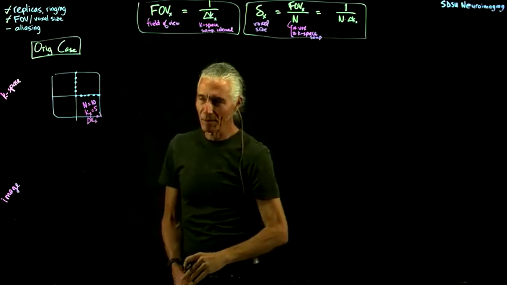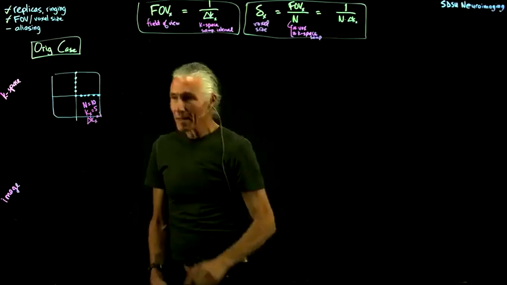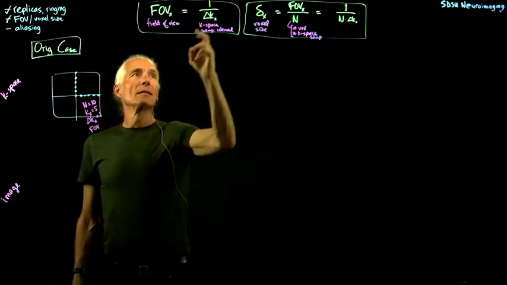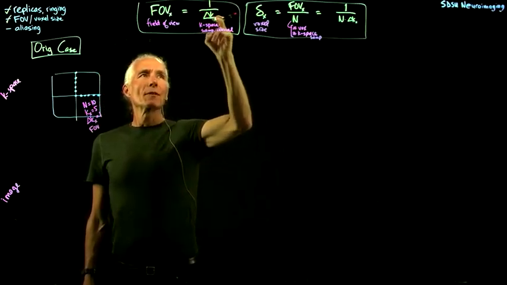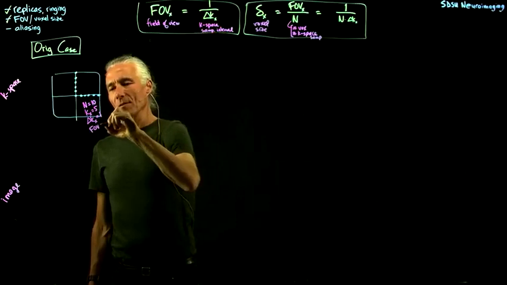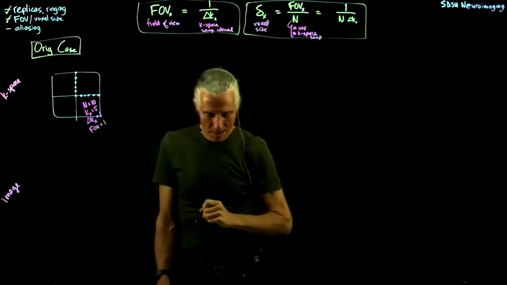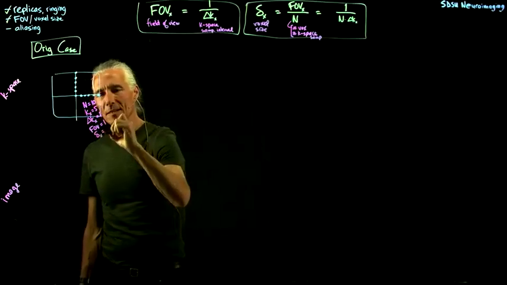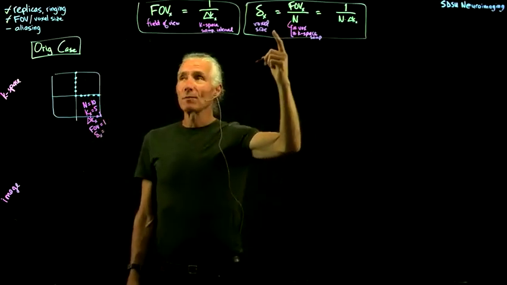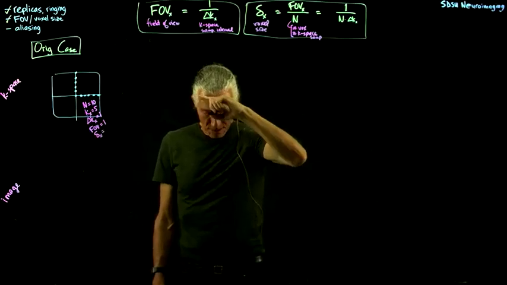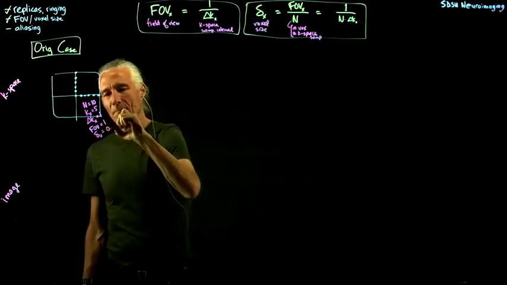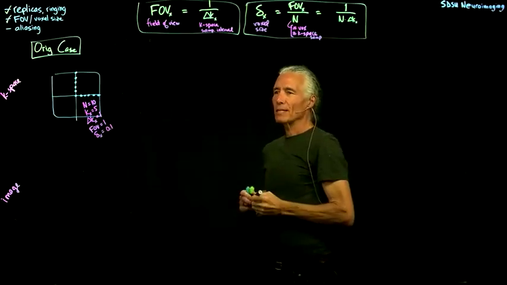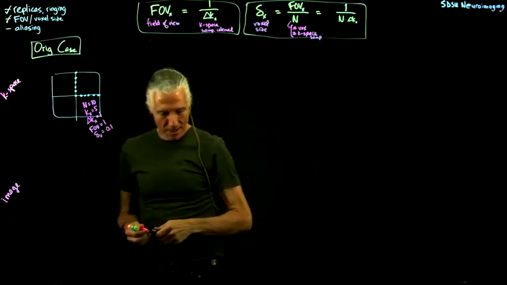So we're doing spatial frequencies 1, 2, 3, 4, 5. And so what's the field of view? The field of view is just 1 over the sampling interval, so that's 1. And what's the voxel size? The voxel size is the field of view, which is 1, divided by the number of voxels, so the voxel size is 0.1 in whatever units we're using. So that's our starting condition.